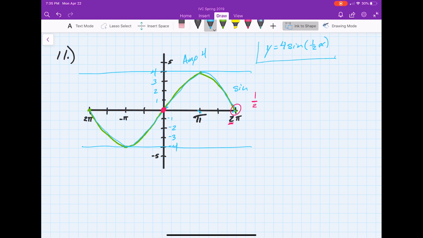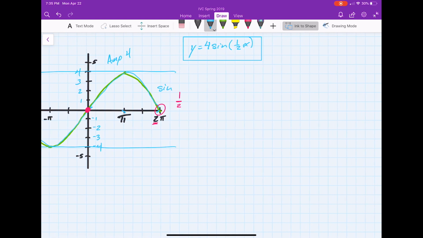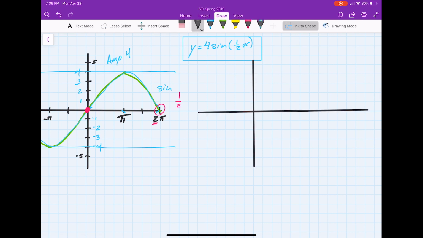If that's a little confusing to you, let me re-explain it here. I'm going to draw a graph here, and let's put our tick marks.